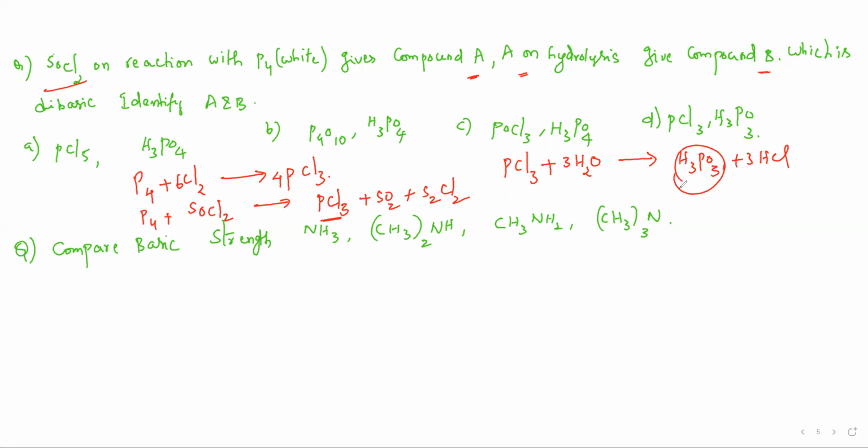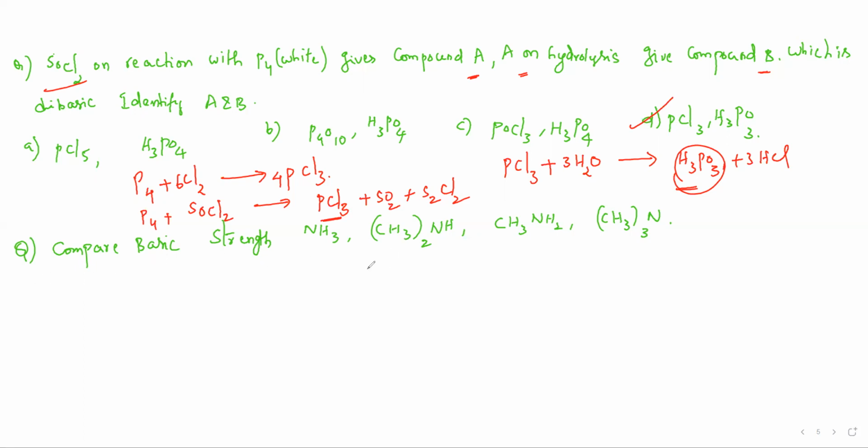So this is our answer. A is PCl3 and B is H3PO3.